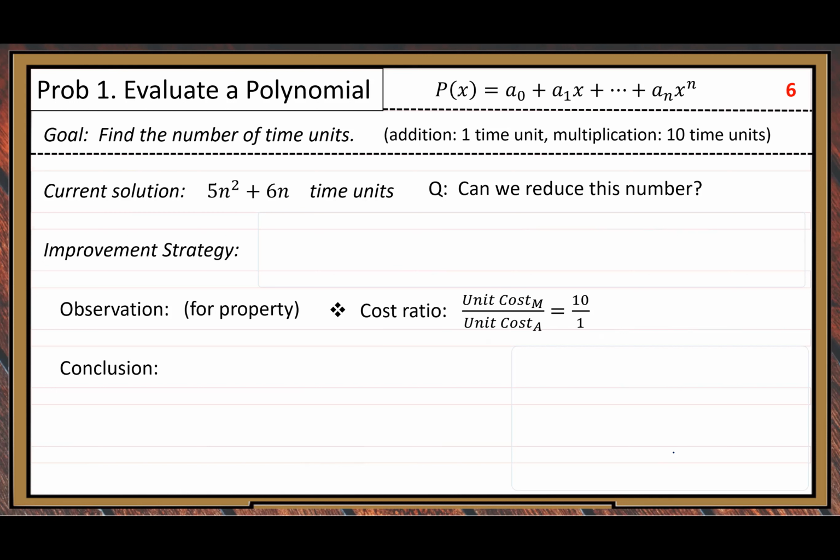So our conclusion is that, in order to reduce the total number of time units, our focus should be on multiplications.